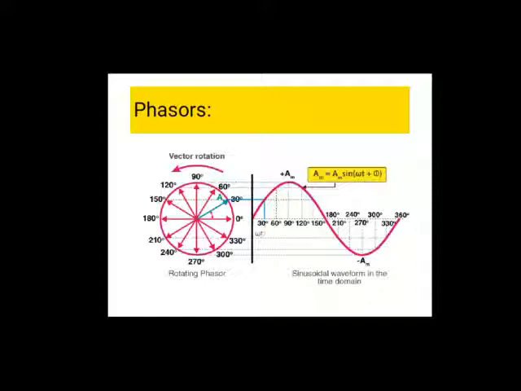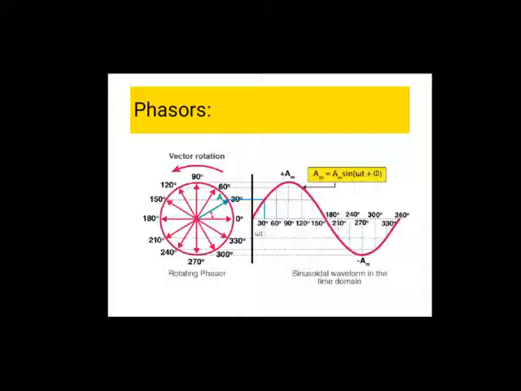A phasor is a rotating vector used to represent sinusoidally varying quantities such as AC current and AC voltage.